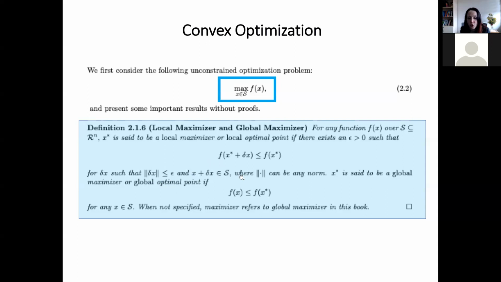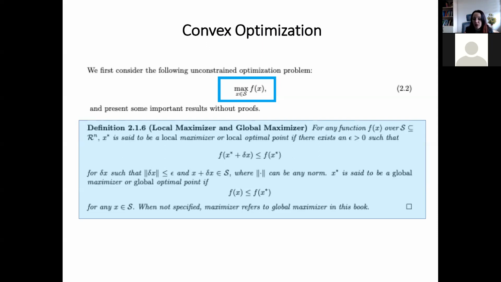For a local maximum, there has to be some small displacement such that if you go only by that much, the value of the function can only decrease. We're not giving guarantees for any epsilon at this point. We're saying, if you get displaced just a little bit from x star, the function will decrease or stay the same. It will not increase.